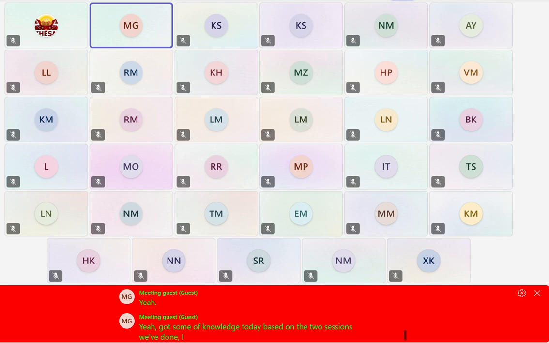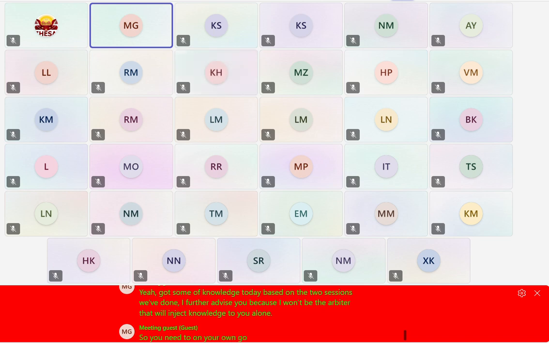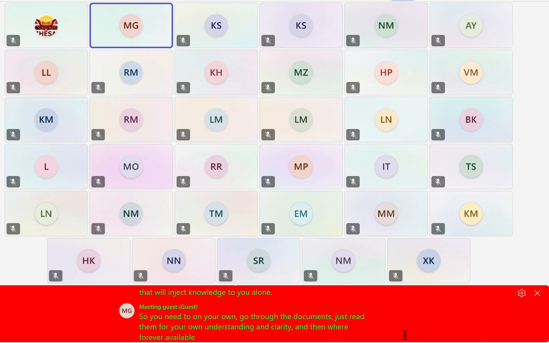I further advise you, because I won't be the only one to inject knowledge into you, that you go through the documents on your own, just read them for your own understanding and clarity. And then we are forever available to provide further clarity if you need it. This is also very important.